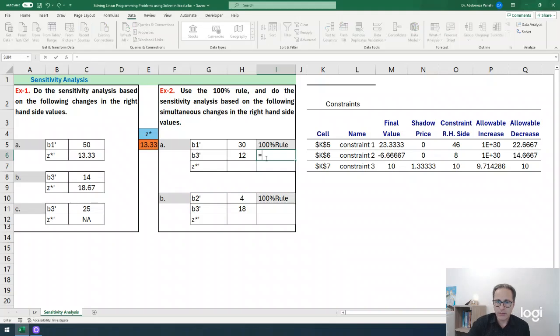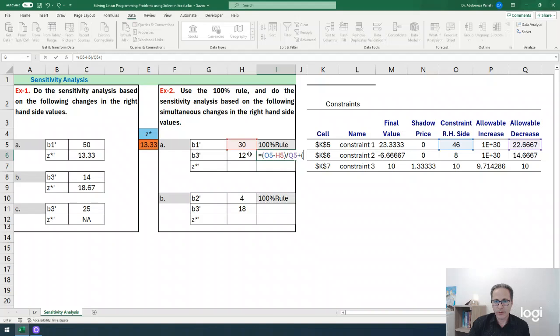Now here I write equal. What change do we have? We have this 30, and it was originally 46. Since I need positive numbers, I write this number minus the other one, or I can use absolute value, divided by, so what has happened to this? 46 to 30 is a decrease, so I need to divide by the allowable decrease. Plus, we have another change: B3 changed to 12.